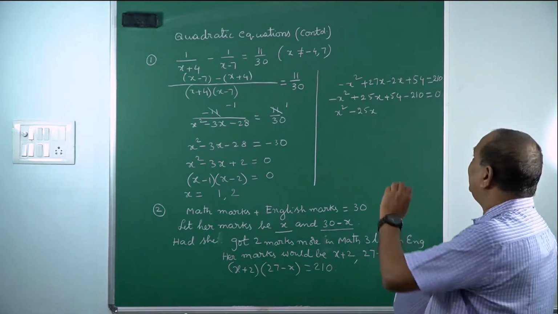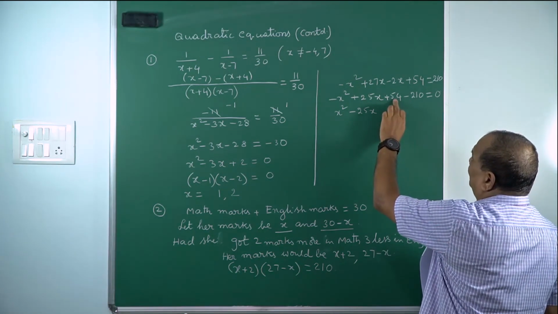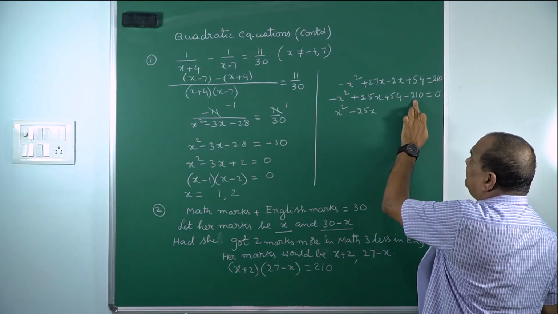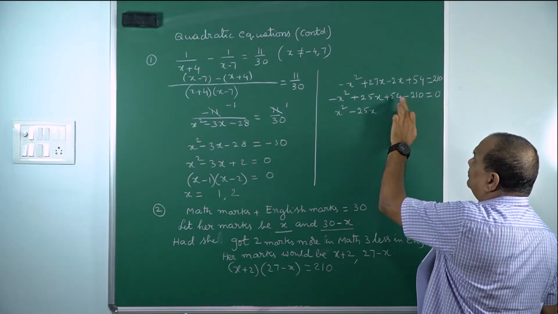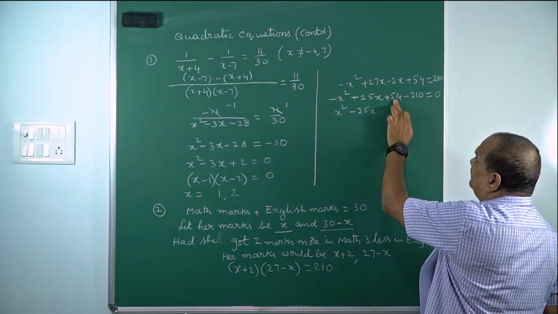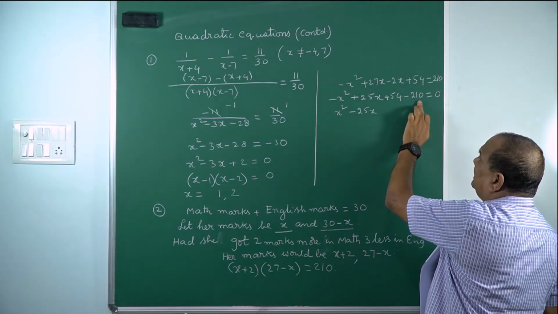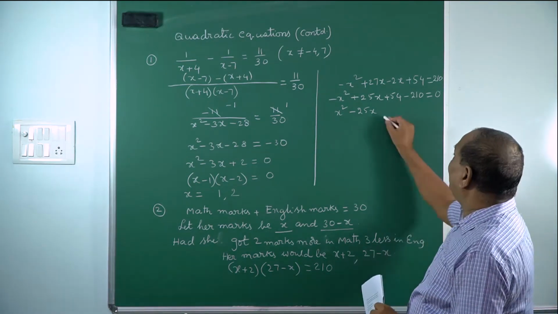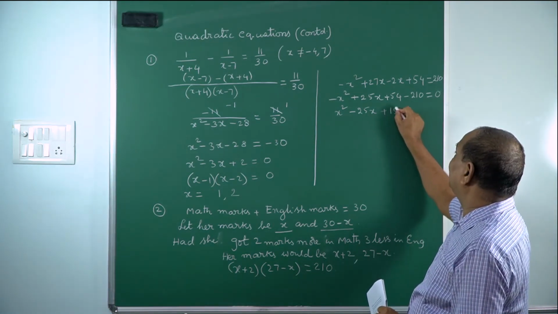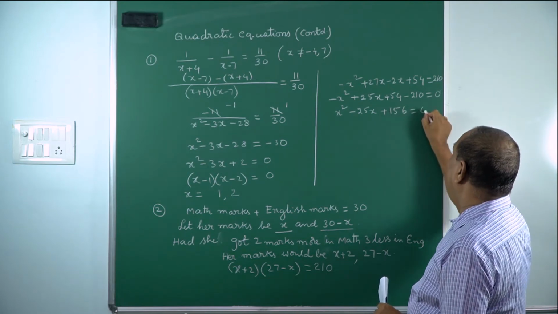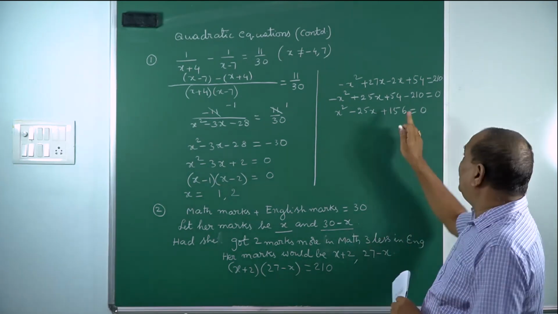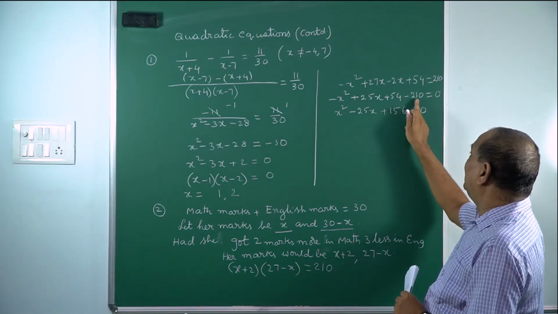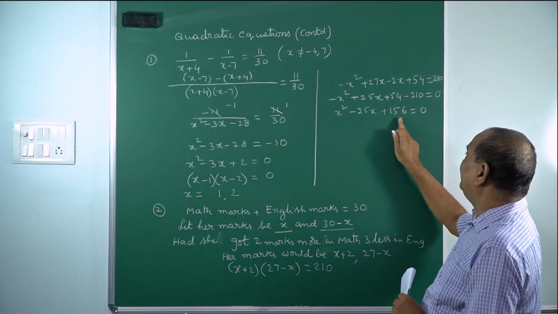As it is, we have 54 and minus 210. But if you change the signs, this becomes negative and that becomes positive, so 210 minus 54 will be 156. And that will be plus 156 is equal to 0.